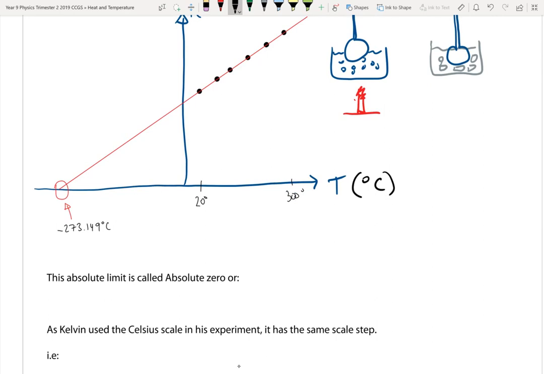So he goes, you know what? If this is the lowest temperature possible, let's call that 0. Let's start at 0 and then work our way up. Why would you start at 0 Celsius and go into negatives? So he's going to call that 0 Kelvin. We'll write it here, 0 Kelvin.